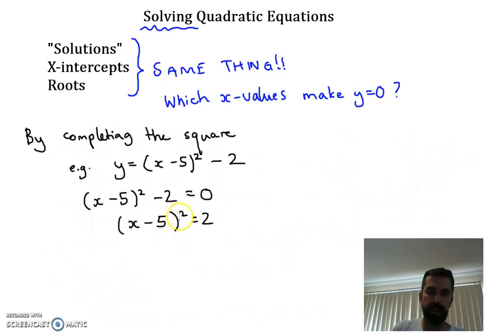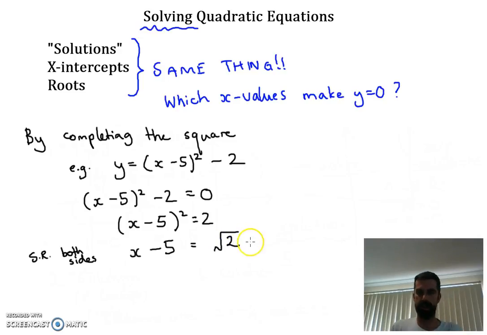Remember our little trick for getting rid of squared is to square root both sides. So if I take the square root of both sides, I get left with x take 5 on one side and the square root of 2 on the other. I'm just going to write it as root 2. But it's important here that I have to say that this could be positive or negative.